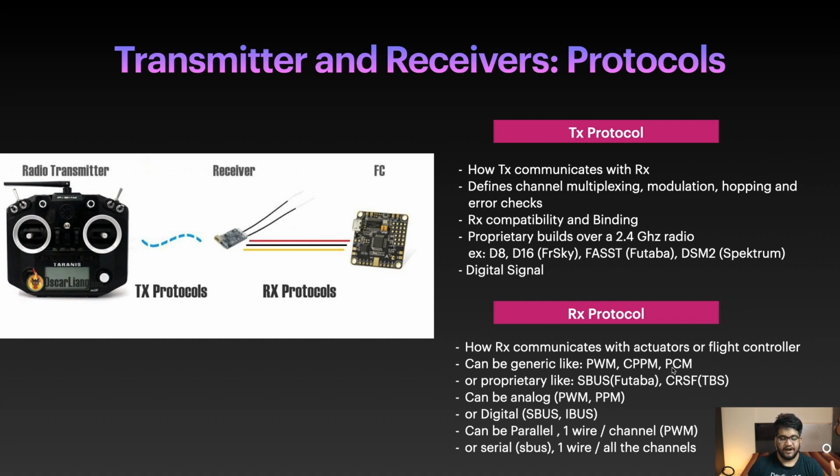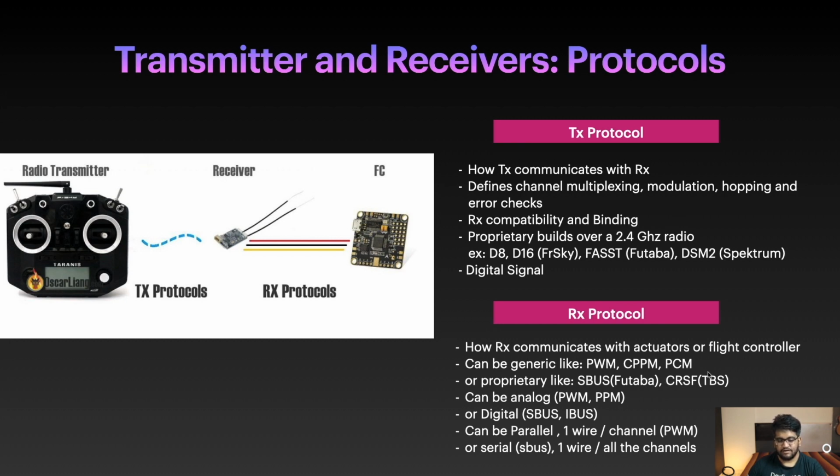These are modulation techniques used in signal and digital signal transmissions. We will talk about that in the flight controller chapter, so don't worry if the term scares you for now. It can also be proprietary, like S-Bus was developed by Futaba, and CRSF is developed by Team BlackSheep. So these are drone manufacturers.